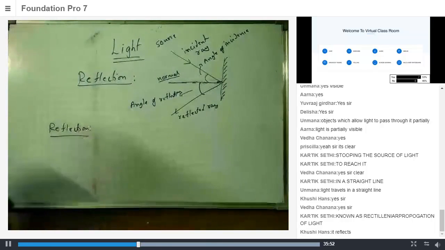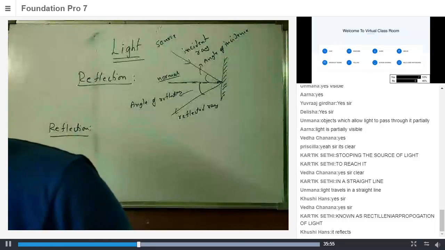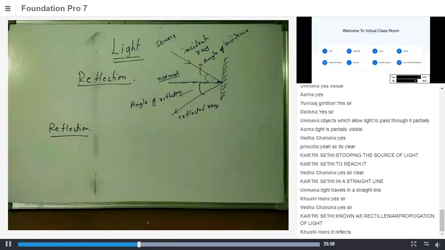Take down: the phenomenon of bouncing back of light from a reflecting surface is known as reflection.